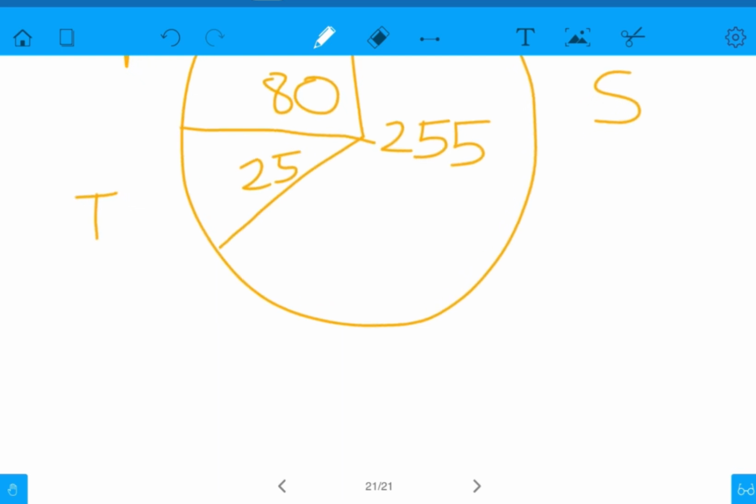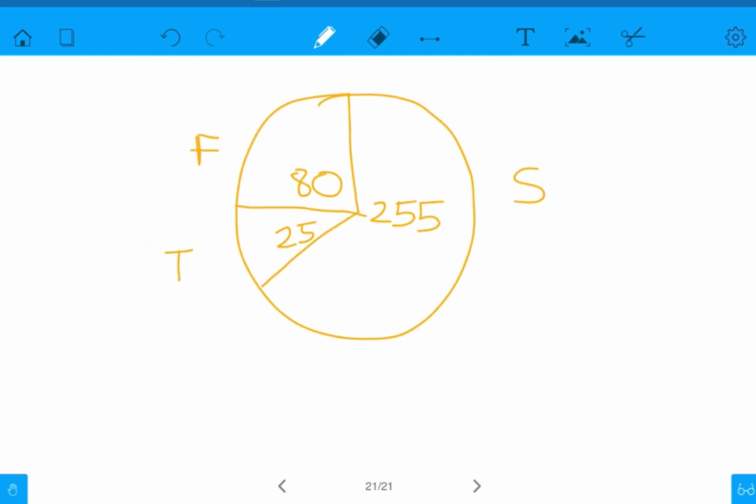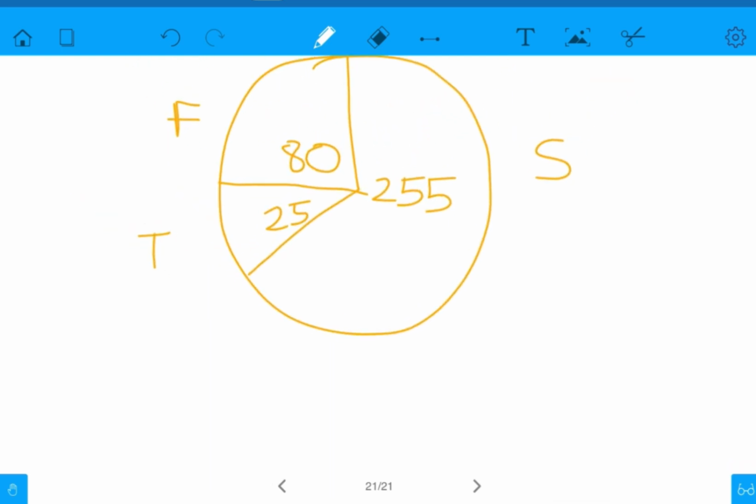The first information we can conclude from this is that F over T, or if we said it another way, F is the number of people that came on Friday, T is the number of people that came on Thursday, and S is the number of people that came on Saturday.